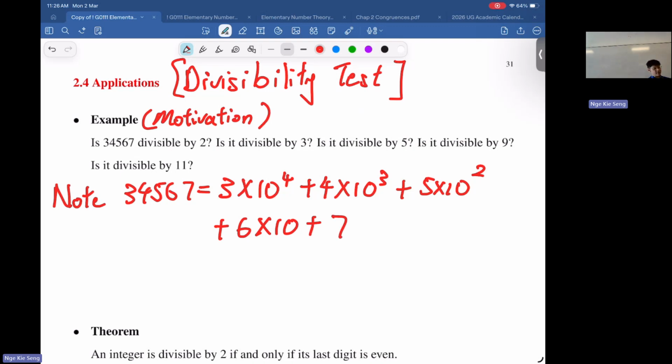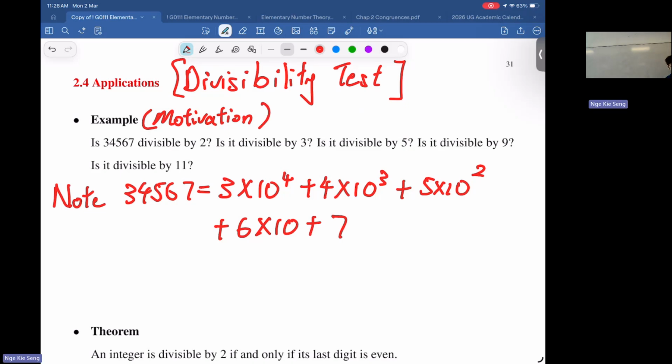I claim that this is easier to compute, because we can use congruence. We can just check how 10 reduces modulo 2, 3, 5, 9, 11 first. Does it make sense?